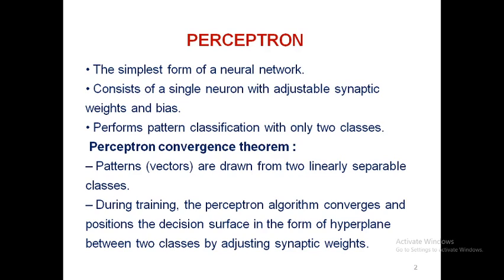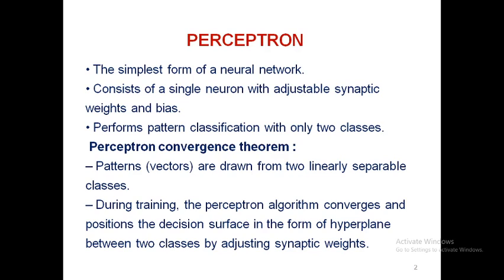So what is perceptron? This is the simplest form of a neural network. It consists of a single neuron with adjustable synaptic weights and bias. What does it perform?